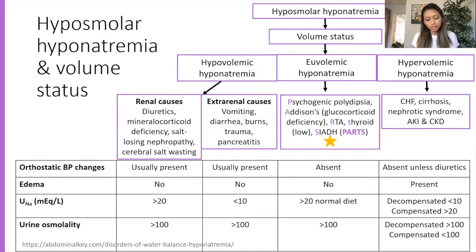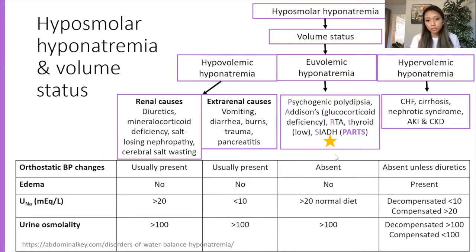The other two, not so much necessarily. But for hypovolemic hyponatremia, it's divided into renal causes and extrarenal causes. For renal causes, again, diuretics, mineralocorticoid deficiency, salt-losing nephropathy, or cerebral salt wasting. For extrarenal causes, there's vomiting, diarrhea, burns, trauma, and pancreatitis.